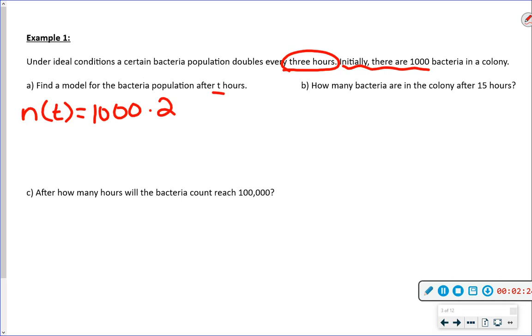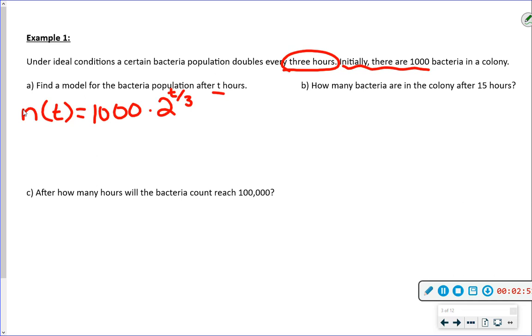Now you're solving for the t over A. A is how long it takes to double, which in our case is 3 hours. So there is our model. Now, next quick question for you. Can you multiply the 1,000 and the 2 together? We've talked about it. No, you would be breaking order of operations. I'm done. That's my model. I'm done with A, I should say.